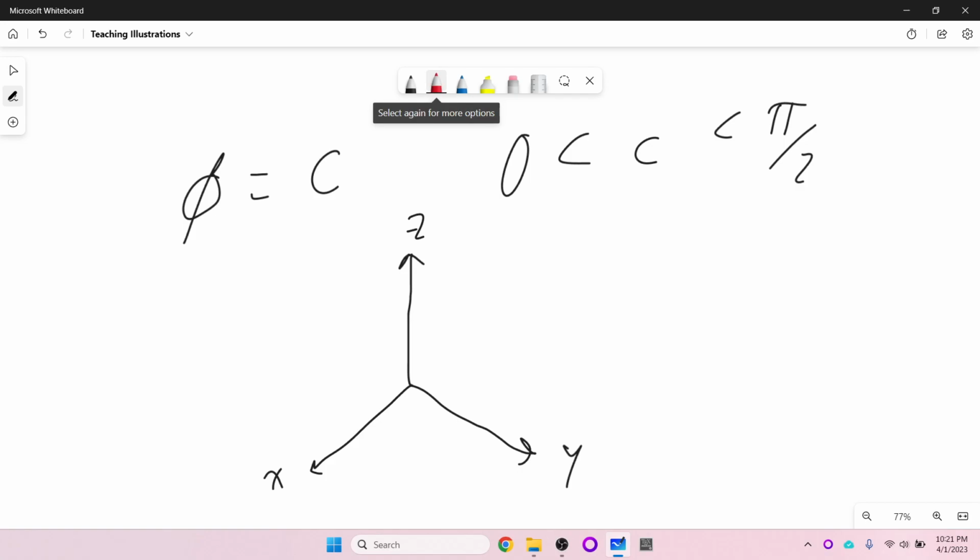All right, what if it's in between? Well, then what we get is a cone. So this angle is c, phi equals c. But theta is allowed to go the full 360 degrees to sweep out an entire cone.